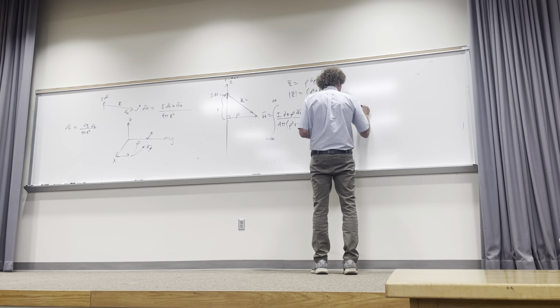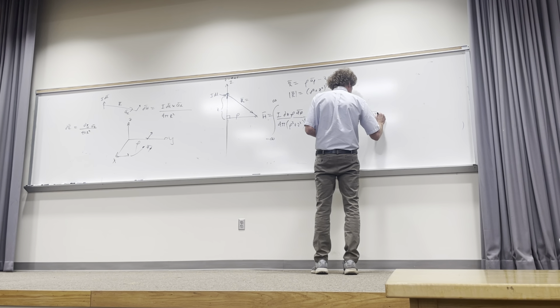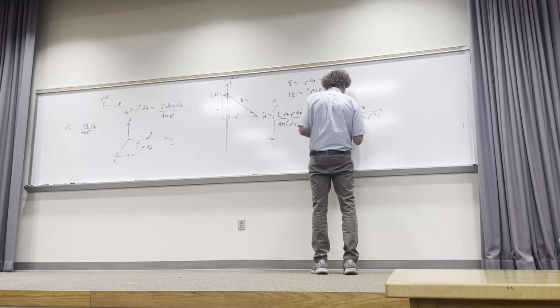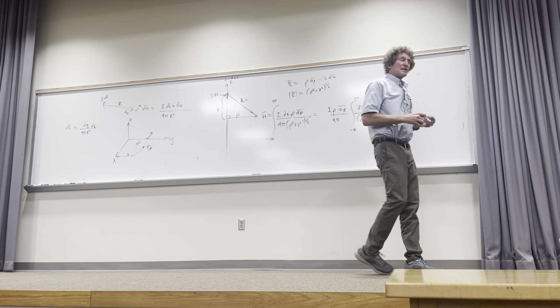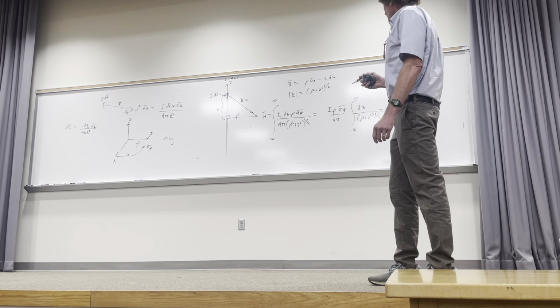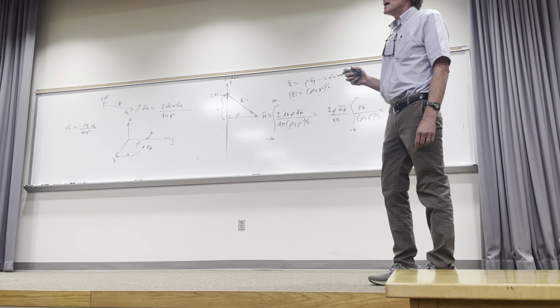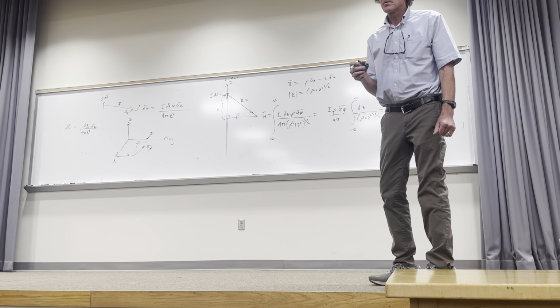Integral of dz over rho squared plus z squared to the 3/2 power. And this is going to go from minus infinity to infinity, or from the lower to the upper. Now that integral you can do, that's a trig substitution.